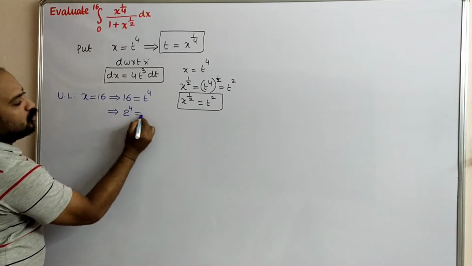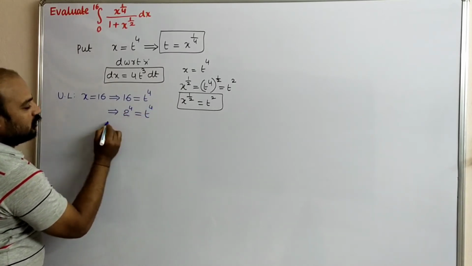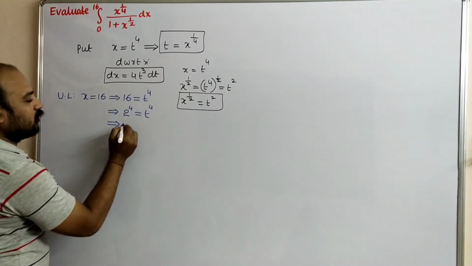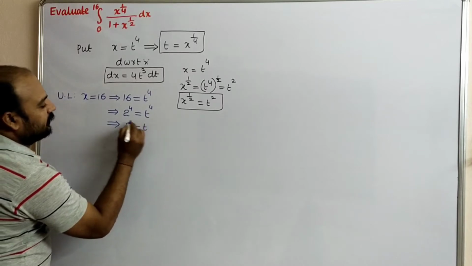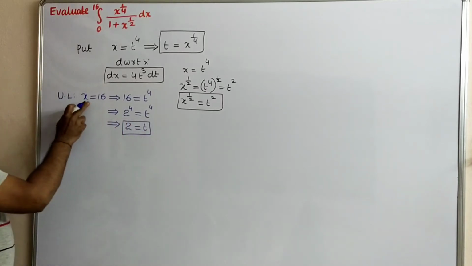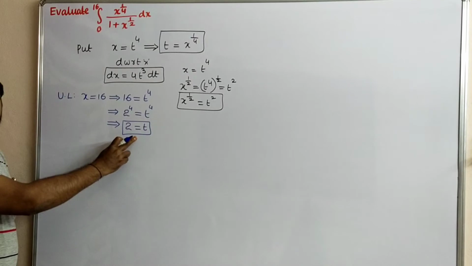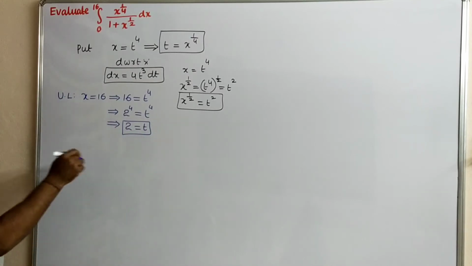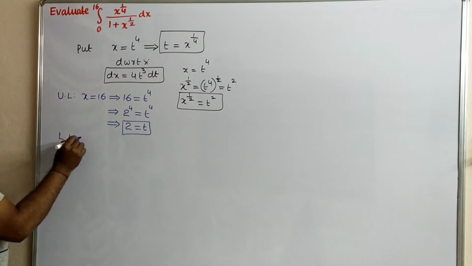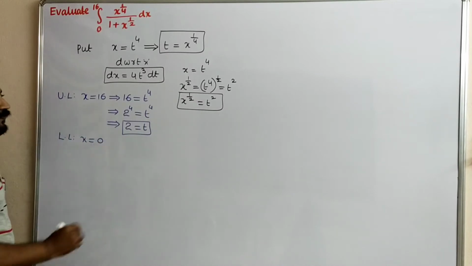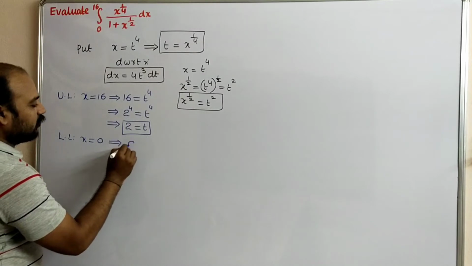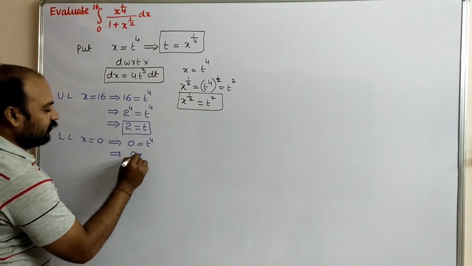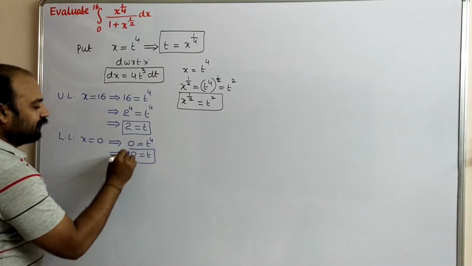So 2 power 4 is equal to t power 4. That implies the powers are equal, so bases are equated: 2 is equal to t. So when x is equal to 16, t is equal to 2. Similarly, lower limit: when x is equal to 0, that implies 0 equal to t power 4, then t is equal to 0.